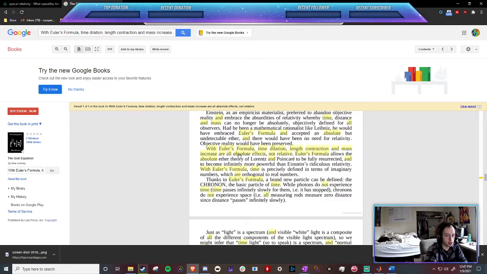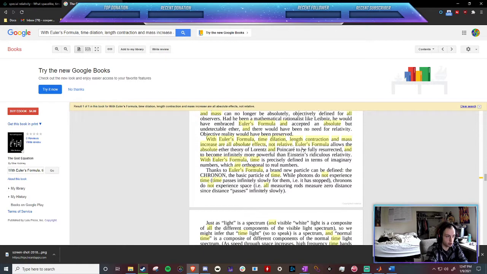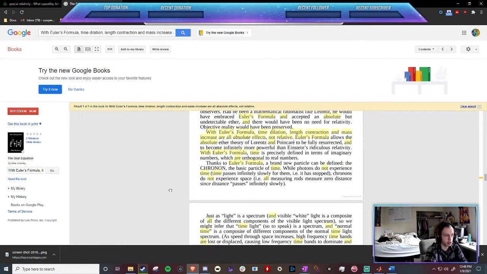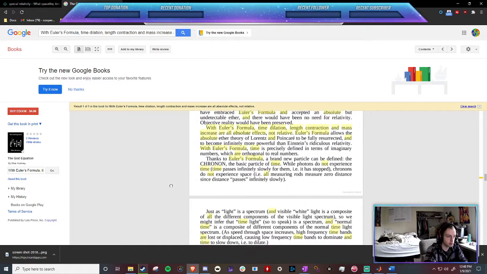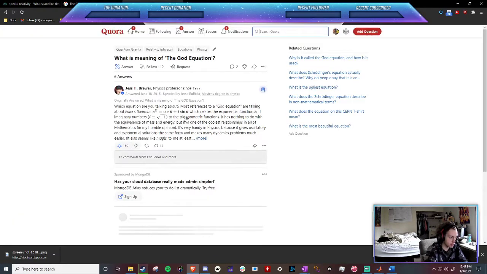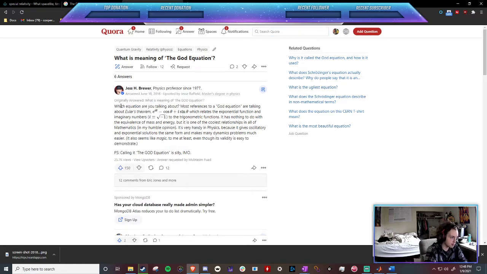Are all absolute effects, not relative. Euler's formula allows the absolute ether theory of Lorentz and Poincare to be fully resurrected and to become infinitely more powerful than Einstein's ridiculous relativity. Hmm. Is this book anti-Einstein?